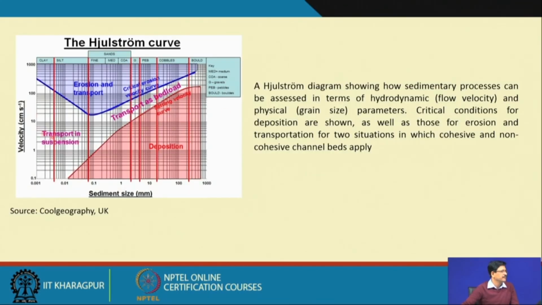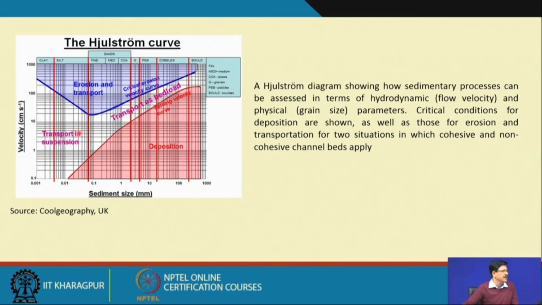So this is a very fundamental diagram. This Hjulström curve basically shows how sedimentary processes can be assessed in terms of hydrodynamic flow. On the x-axis you have the sediment size going from clay to boulder size, as you know the size ranges of them, from less than 0.001 of a millimeter for clay size to 1000 millimeter for boulder size, and we have the intermediate sizes.